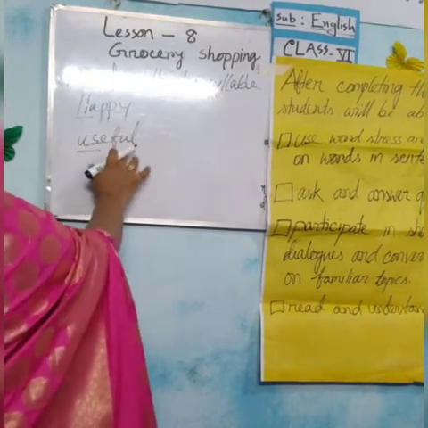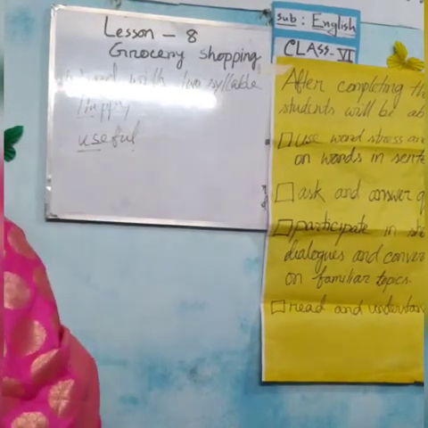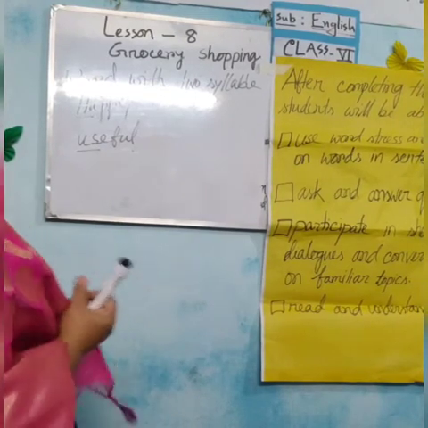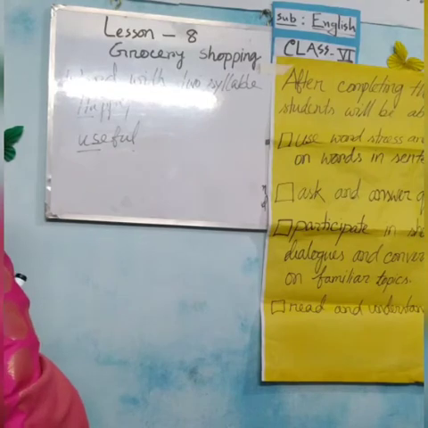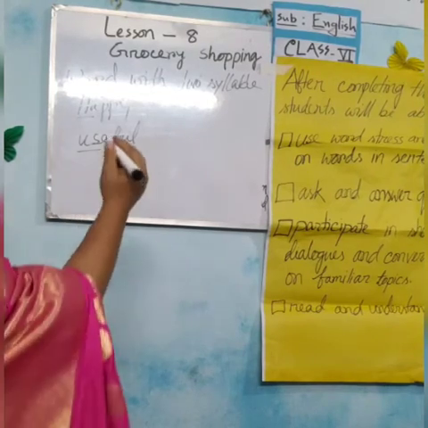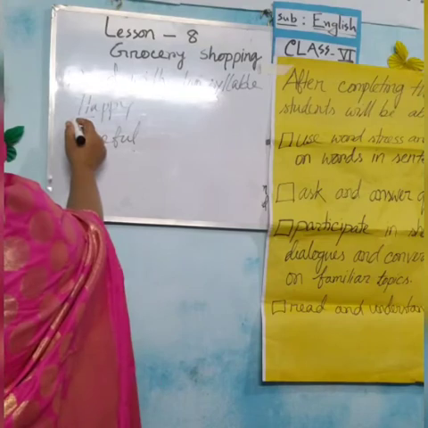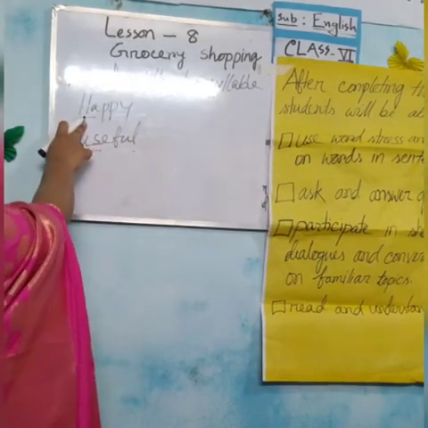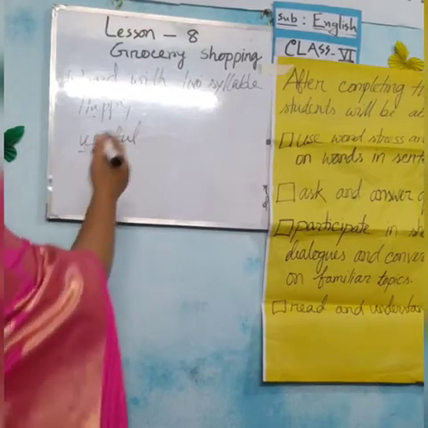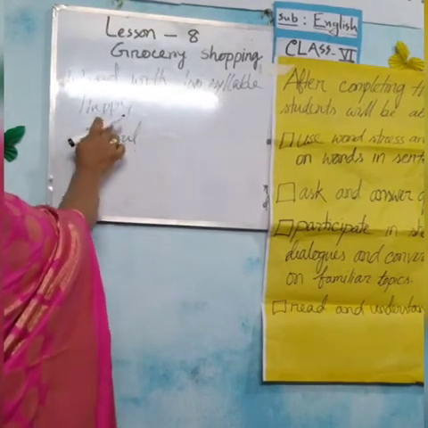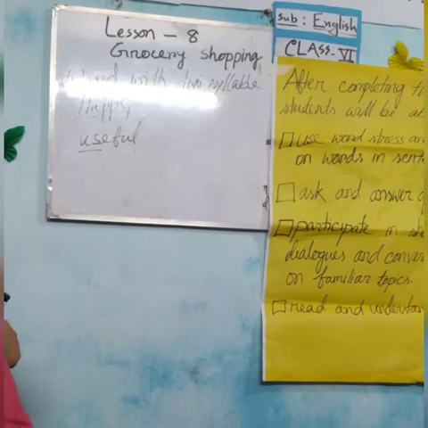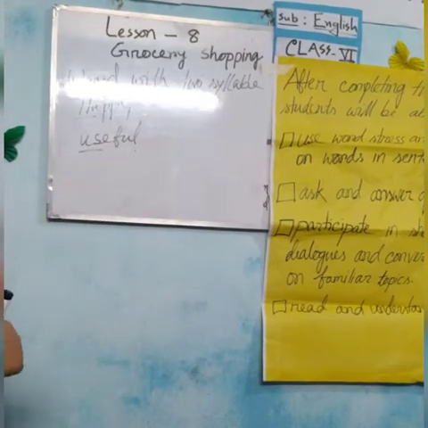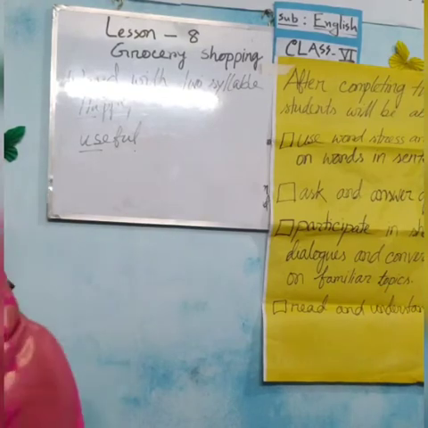So nouns and adjectives with two syllables have stress on the first syllable. That is happy. We have to pronounce it longer than the second syllable. Useful, louder than the second syllable.